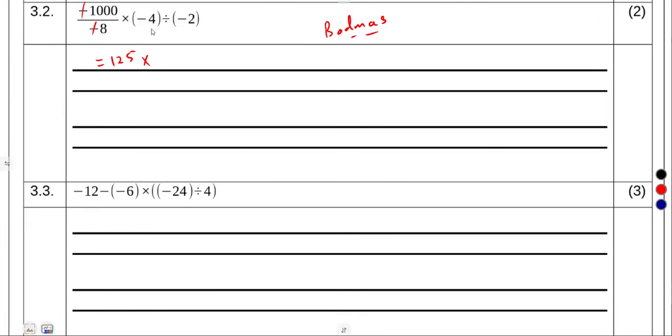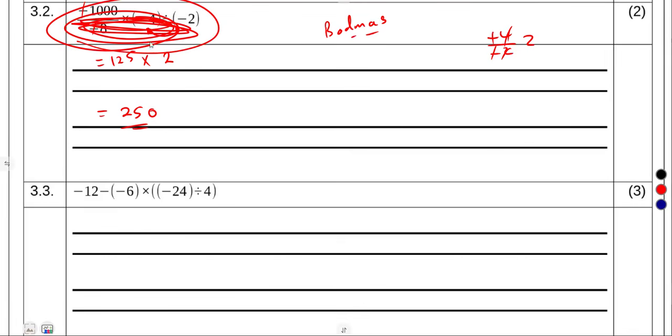So here we have got a division. So let's consider dividing these two, negative 4 over negative 2. That was going to give us a 2. So it's positive, actually. So 125 times 2, which is going to give us 250.